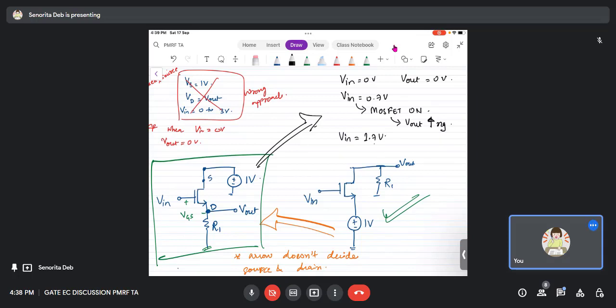What will happen? V out will reach, we had seen it, 1 volt. Now when V in is 1.8 volts, we know the VTH is 0.7, so I cannot say that V out is 1.1, because now again drain and source will invert their functions. And once drain and source have inverted the functions, you will reach a point where V out is still 1 volt. It cannot go beyond that.